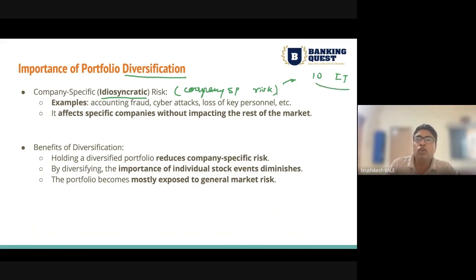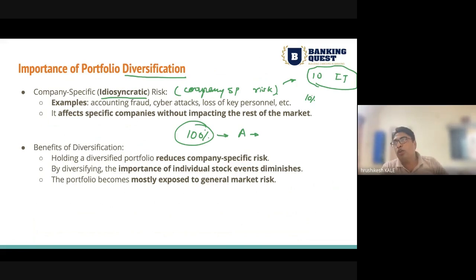Your portfolio will not get affected much. Your portfolio will just get affected by 10%. But if you invest all 100% of your portfolio in one company and the fraud takes place in that company, your complete 100% of your portfolio will get wiped out.